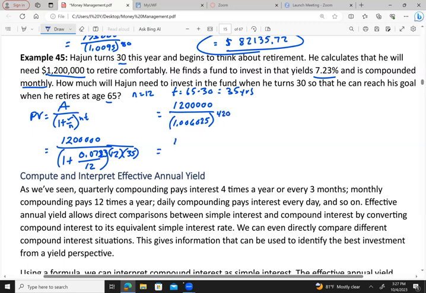And now I need to take my 1.006025 to the 420th power. That went up quick. 12.46478. Now simply do the division. 1,200,000 divided by 12.46478.